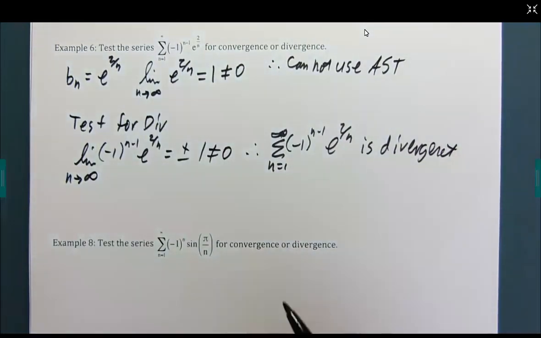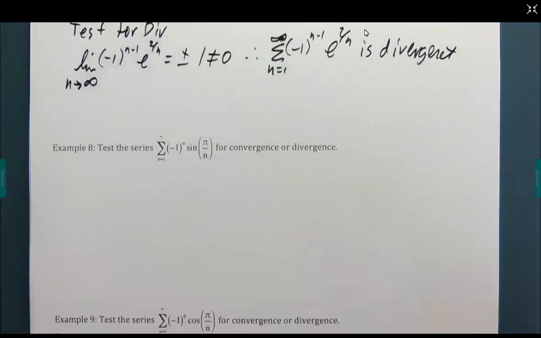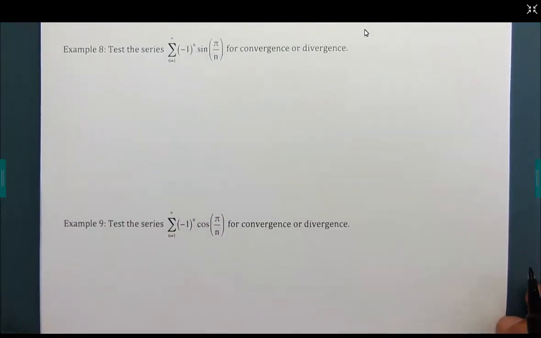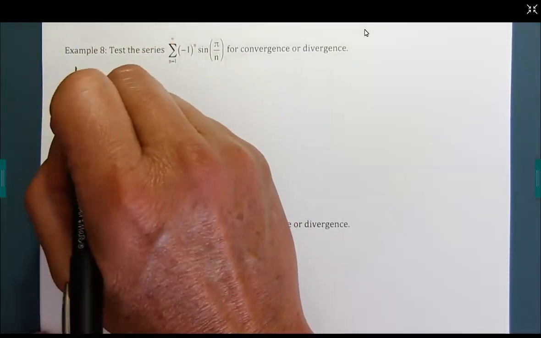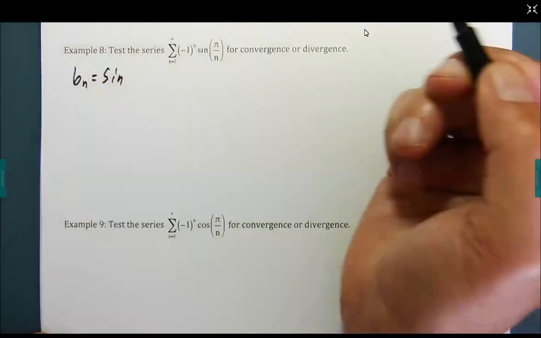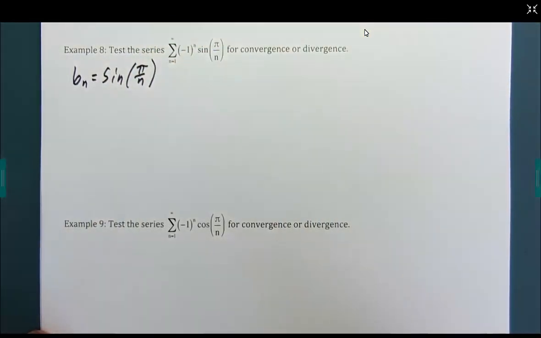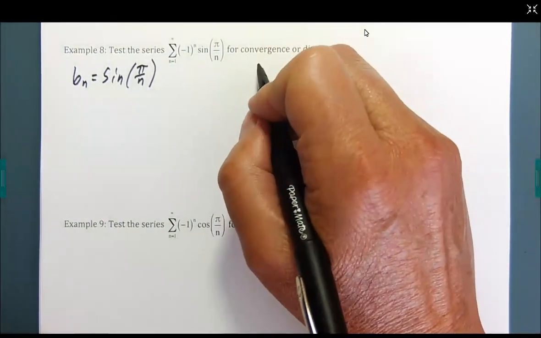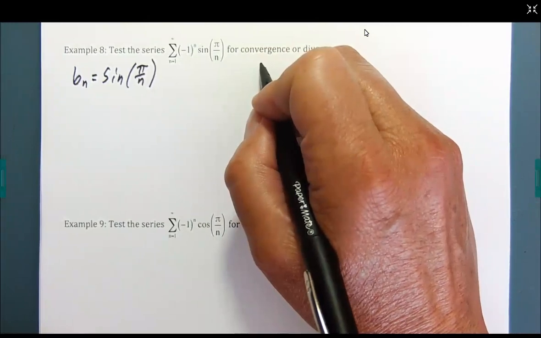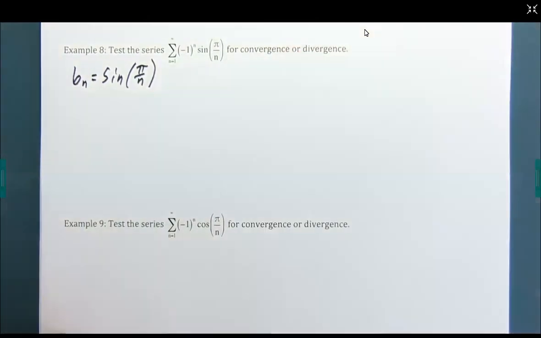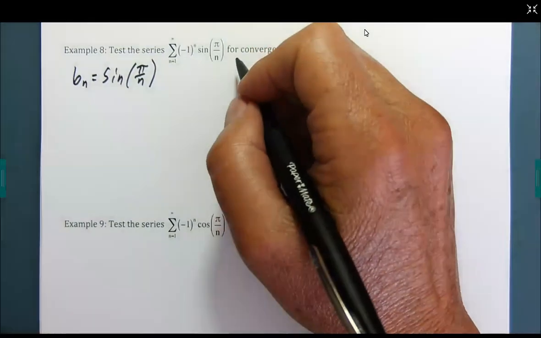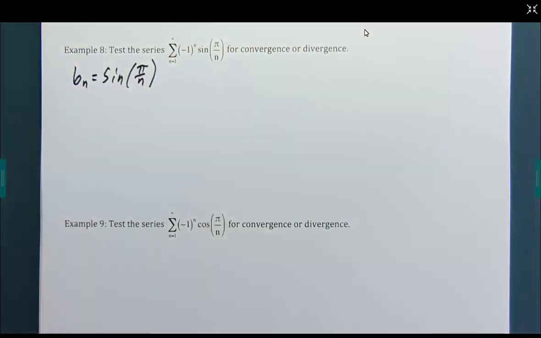All right. So these next two are sort of connected in a sort of way. It looks like b sub n is going to be the sine of pi over n. And is it decreasing? Well, what we can do is we can take a function and, yeah, so let's do this.